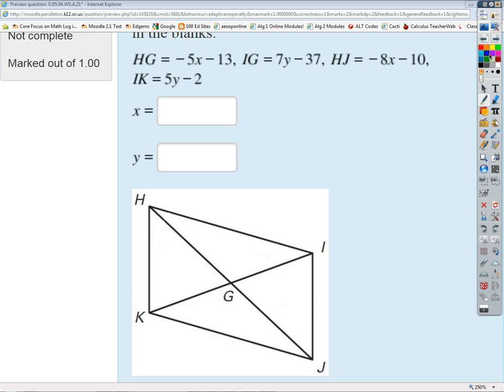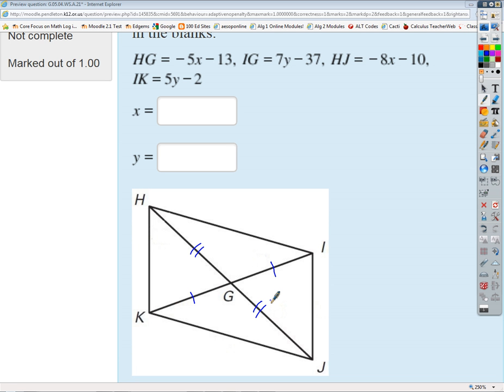The diagonals. What do we know about the diagonals of a parallelogram? They bisect each other. Good. If they bisect each other, then that segment and that segment have to be congruent, and that segment and that segment have to be congruent.